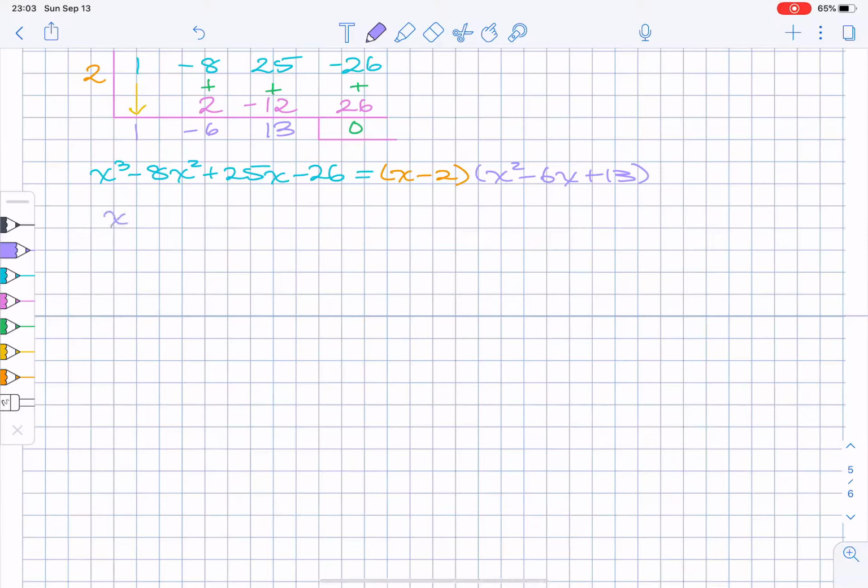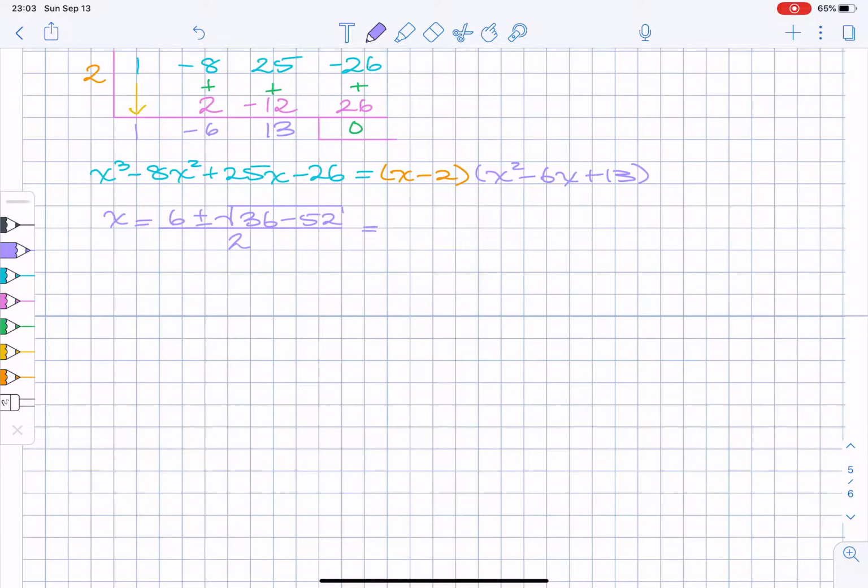Namely, x is equal to negative b plus or minus the square root of b squared minus 4ac, all over 2a. Okay, hopefully everyone knows the quadratic formula. So what does this give us?